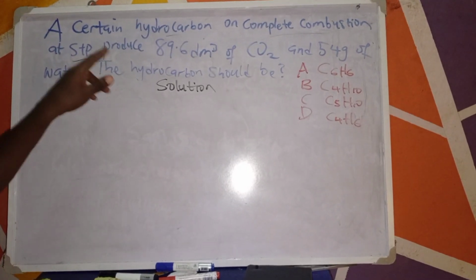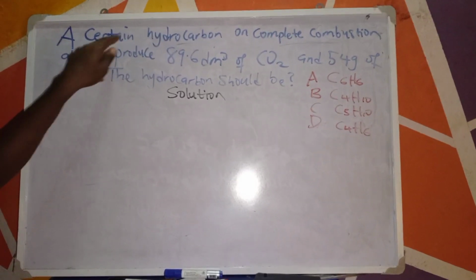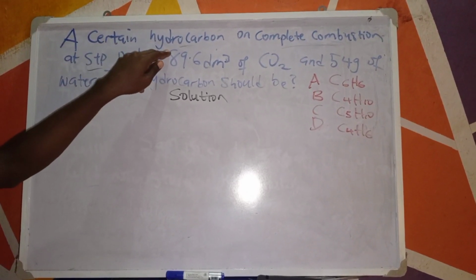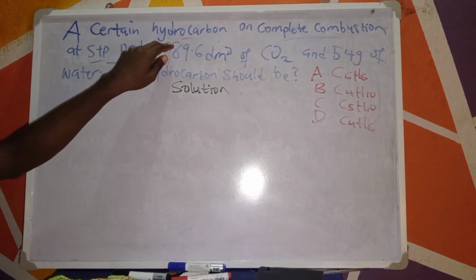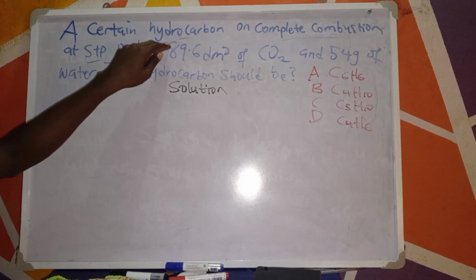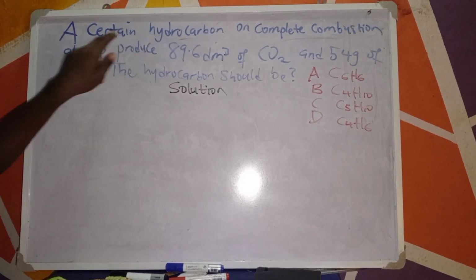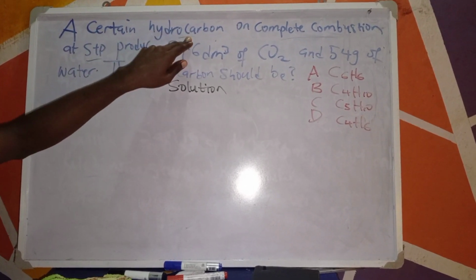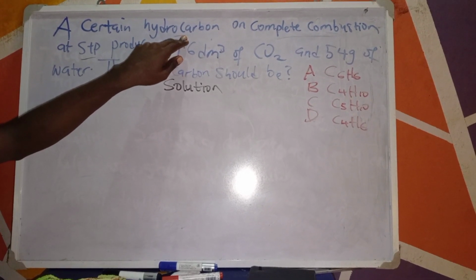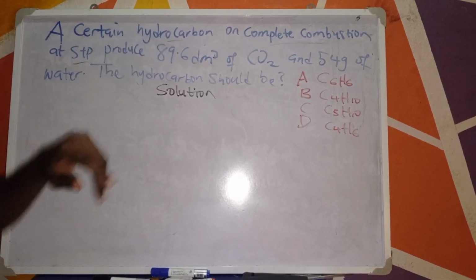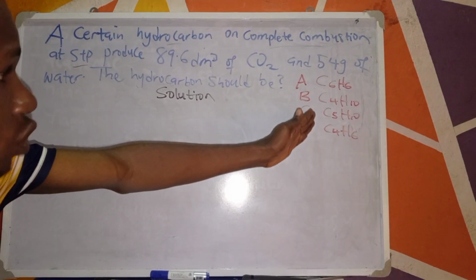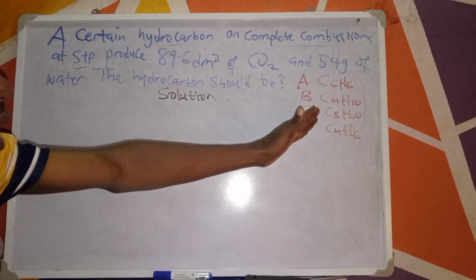First of all, the question says a certain hydrocarbon, meaning that the molecular formula or the empirical formula would be a combination of carbon and hydrogen. A certain hydrocarbon, strictly carbon and hydrogen, is what basically makes up the hydrocarbon. We can see from the options that it is carbon and hydrogen.